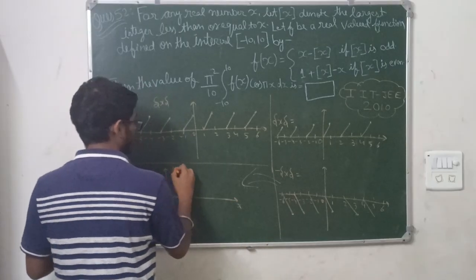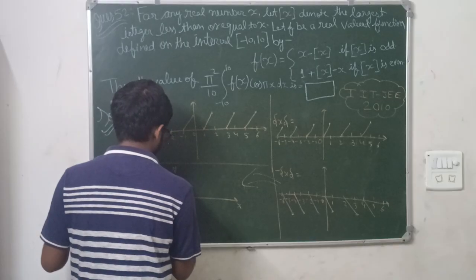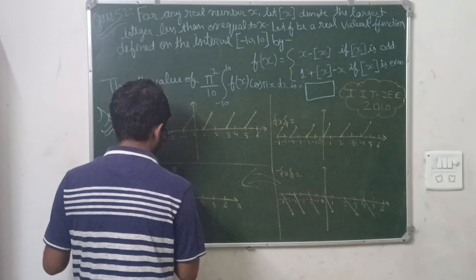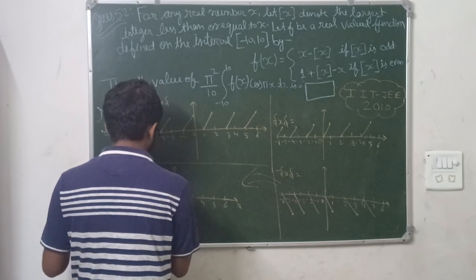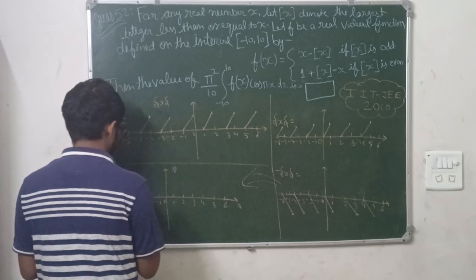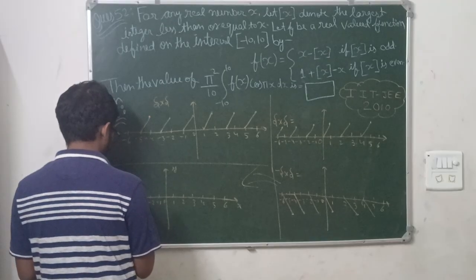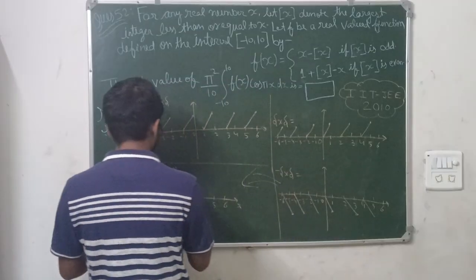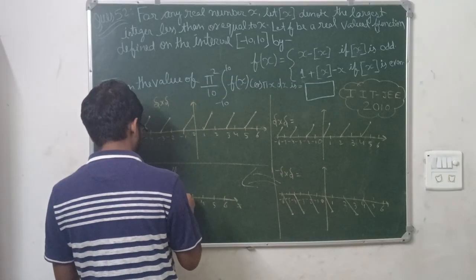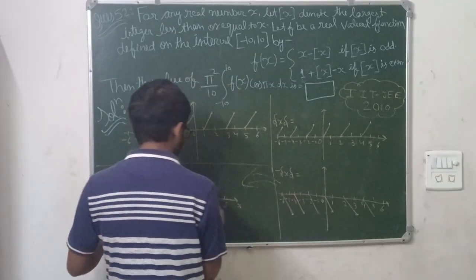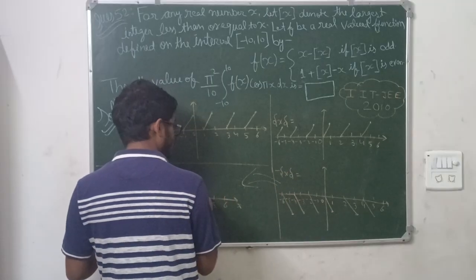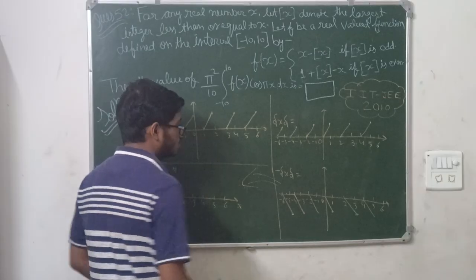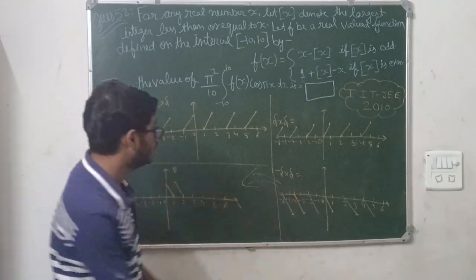On the x, y axes: 0, 1, 2, 3, 4, 5 and 6, minus 1, minus 2, minus 3, minus 4, minus 5 and minus 6. Now do plus 1 in every interval, so this will go up, and this will also go upper side, about their axis only, 1 unit upper.